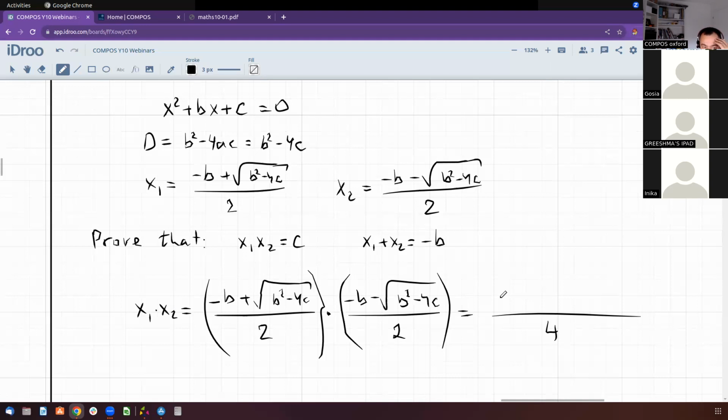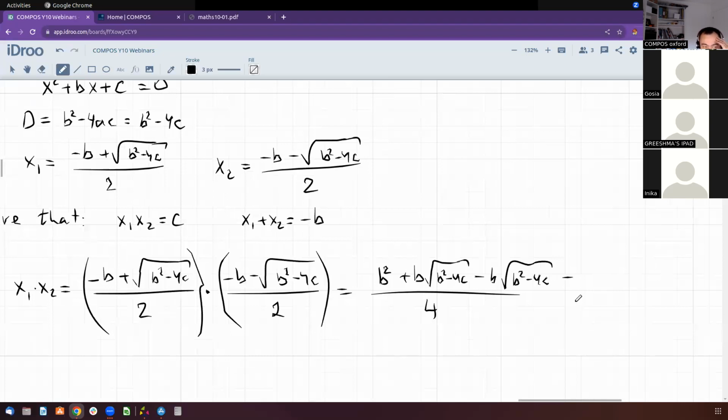So −b times −b is b². −b times −, so it's going to be plus b√(b² − 4c). Then we have this times that, times −b, so −b times √(b² − 4c). And then finally this times that. When you multiply two square roots, we know that √a times √a is a.